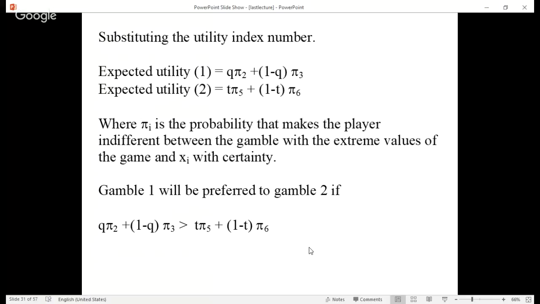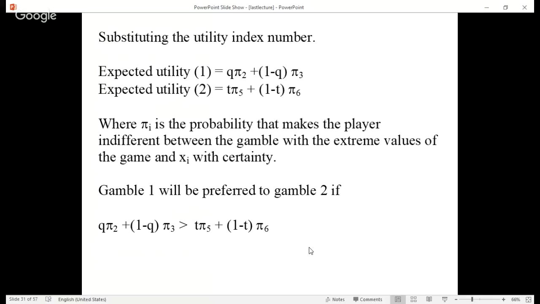So I have q times pi 2 plus (1 minus q) times pi 3, where with our logic, pi 2 is equal to the utility of x2 and pi 3 is the utility of x3. And I do the same thing for x6 and x5. So I get t times pi 5 plus (1 minus t) times pi 6.